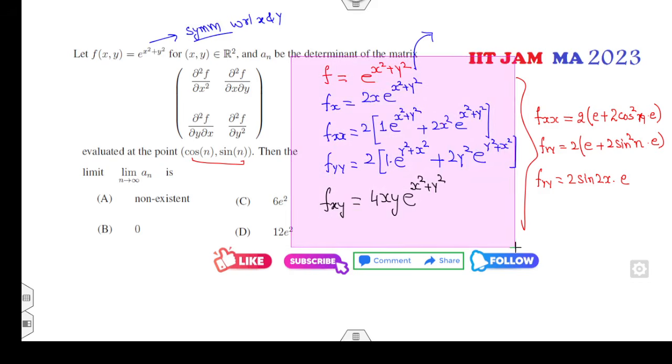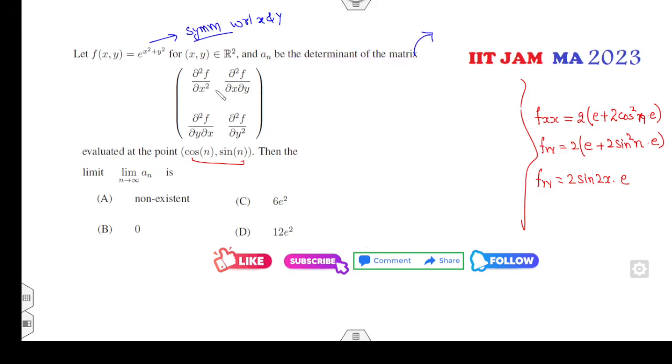Now you can find the determinant as limit n approaches infinity. Here e will be common, so that will be 1 plus 2 cos square n.